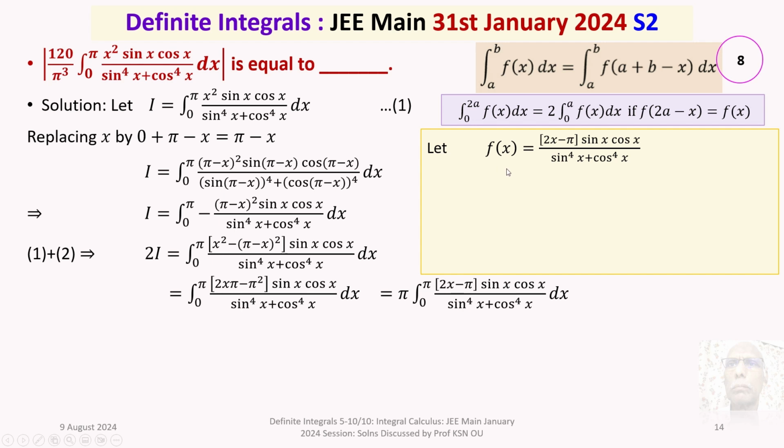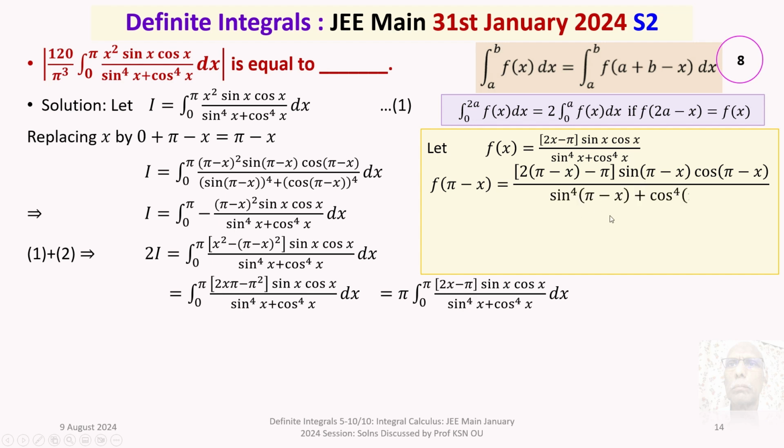Then we will see what will be f of pi minus x. So wherever there is x, you just simply substitute pi minus x. And simplify, you will get minus pi minus 2x sin x cos x by sin to the power of 4x plus cos to the power of 4x. But we have 2x minus pi. This minus, when you take it inside, gives 2x minus pi, which is precisely your f of x.